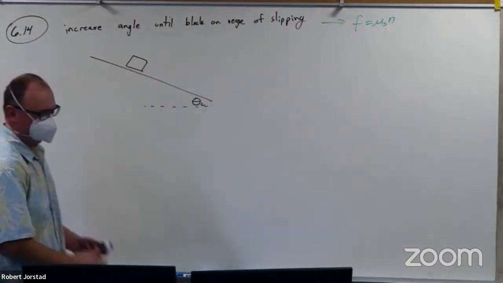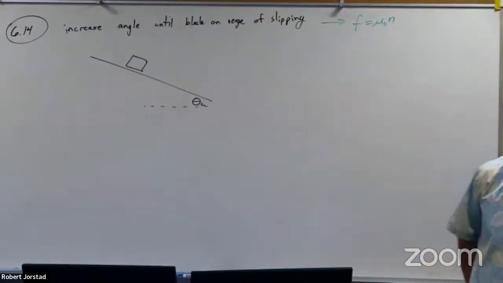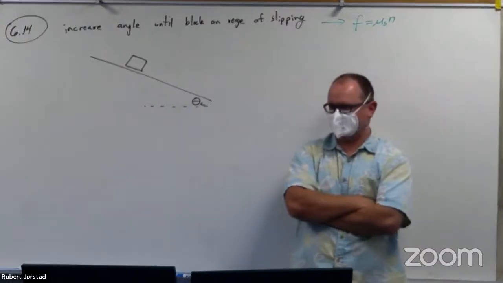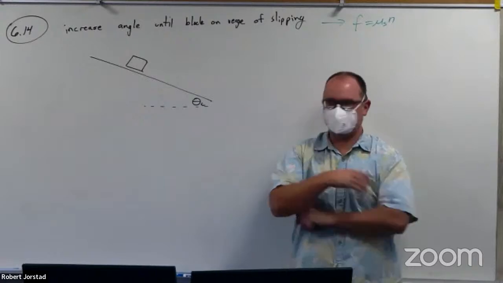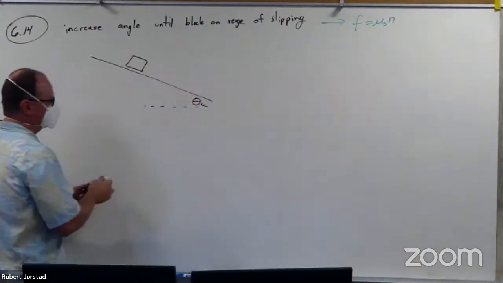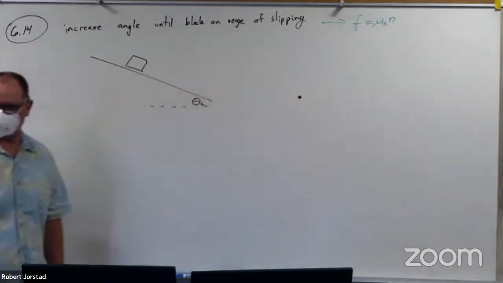All right. If you wanted to analyze this problem, forget the question. If you wanted to learn about this scenario, what's something you could do? Free body diagram, right? If we want to learn about this system, we could probably draw an FBD. Which way is the normal force? Show me with your hands.